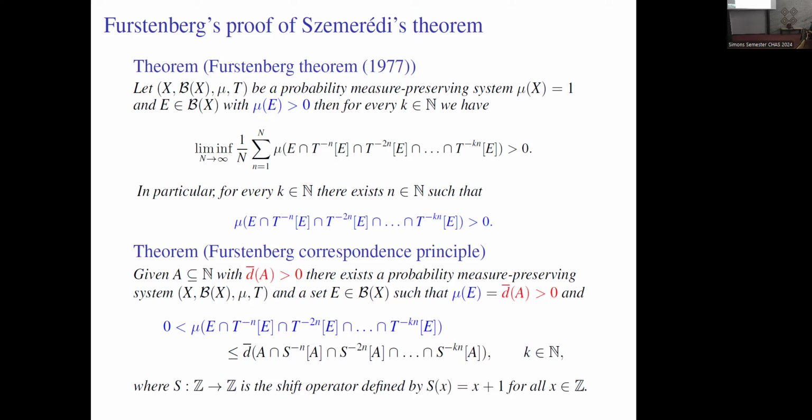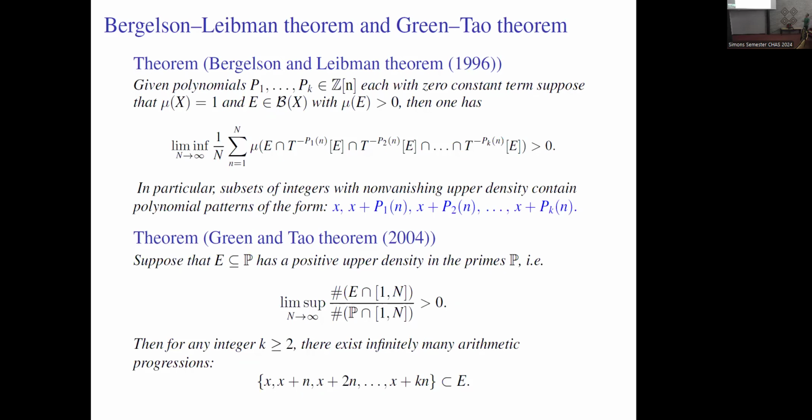And I have to tell you that these ideas of Furstenberg were very influential, and now we have very far-reaching generalizations of the Furstenberg theorem, the Szemerédi-Furstenberg theorem. This is a beautiful result from 1996 of Bergelson and Leibman: instead of linear configurations, we can consider polynomial configurations, and they also exist in sets with non-vanishing upper density.